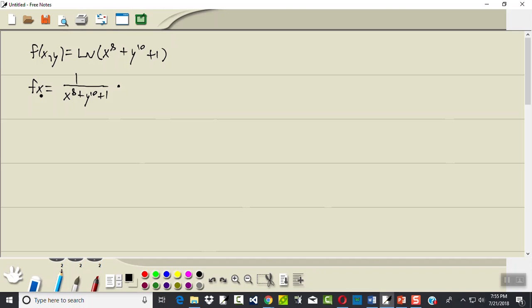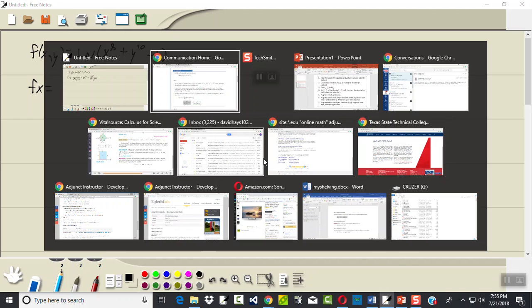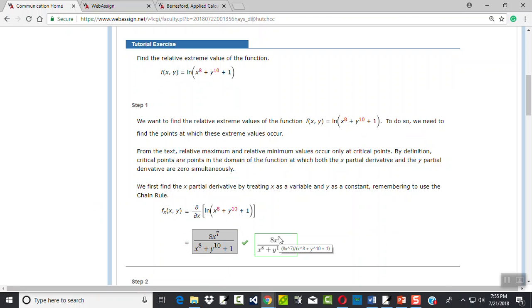But we're taking a partial with respect to x, so everything except for x is a constant. So the derivative of x to the 8th is 8x to the 7th. y to the 10th goes to 0, 1 goes to 0, because they're both constants. So that gives us 8x to the 7th over x to the 8th plus y to the 10th plus 1. And that's where they get that answer.